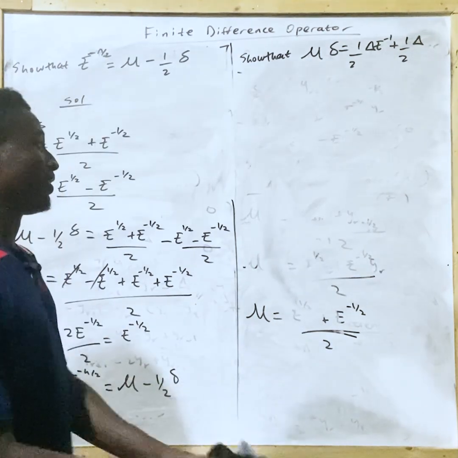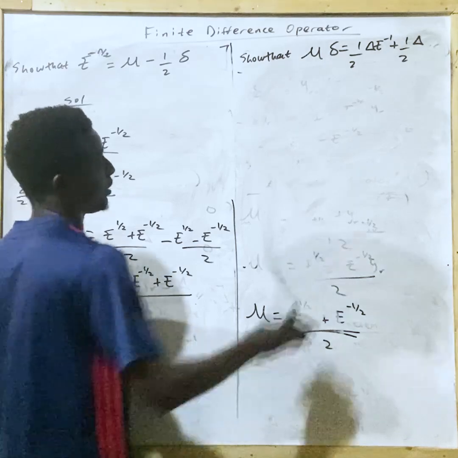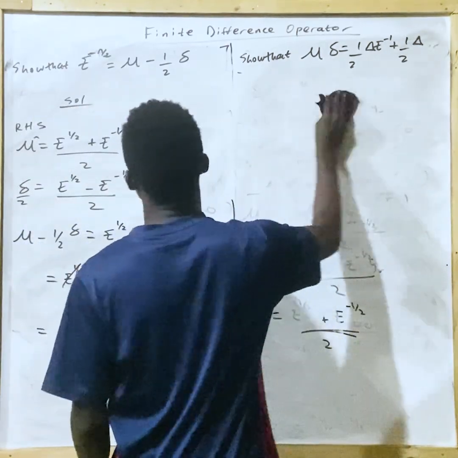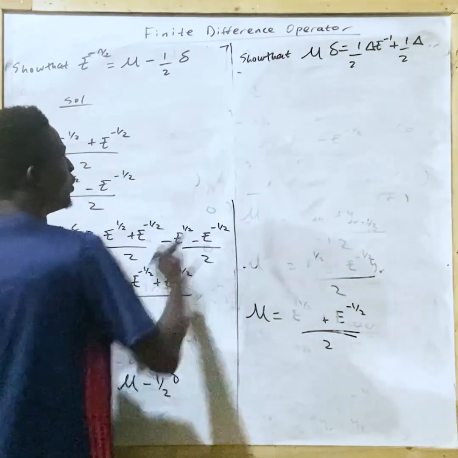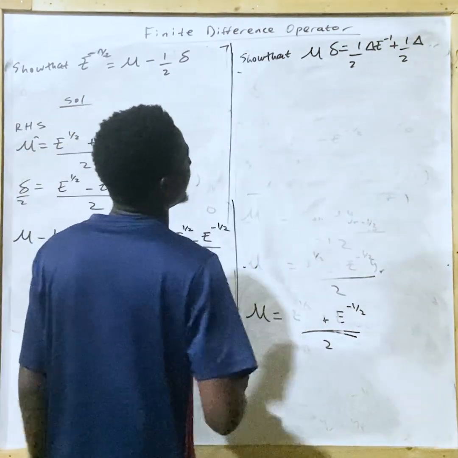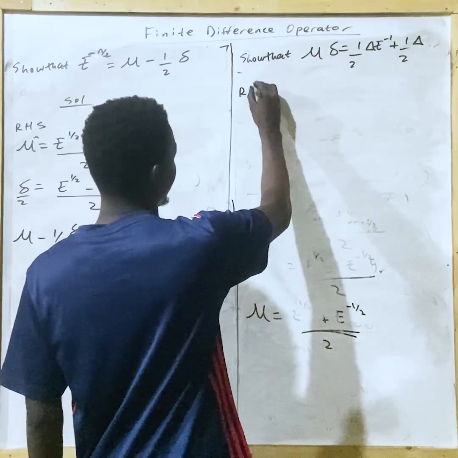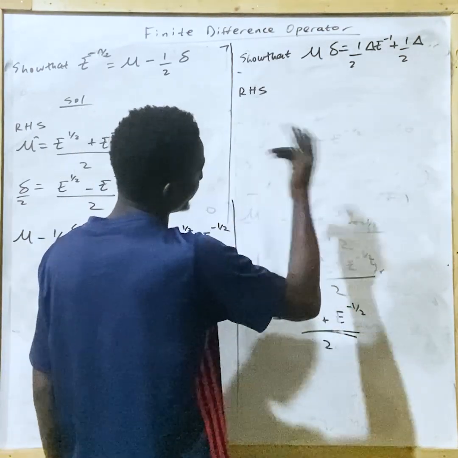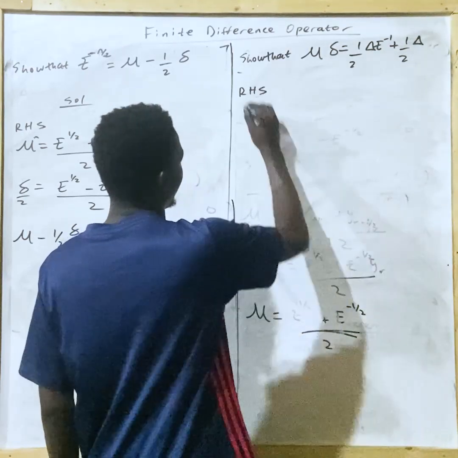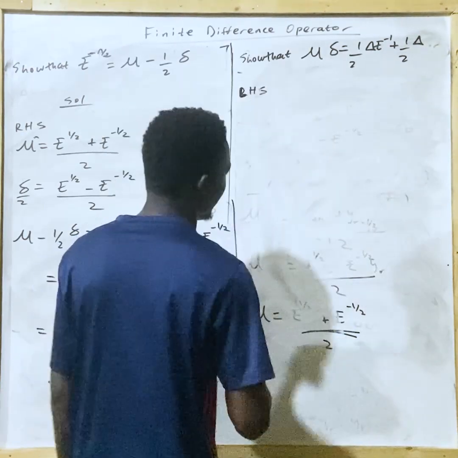Okay, I think the best strategy here is to solve both sides till you get to something equivalent. So let me pick the right hand side first. For my right hand side, I have my forward difference operator. Or let me pick my left hand side. Yes, let me pick my left hand side first.